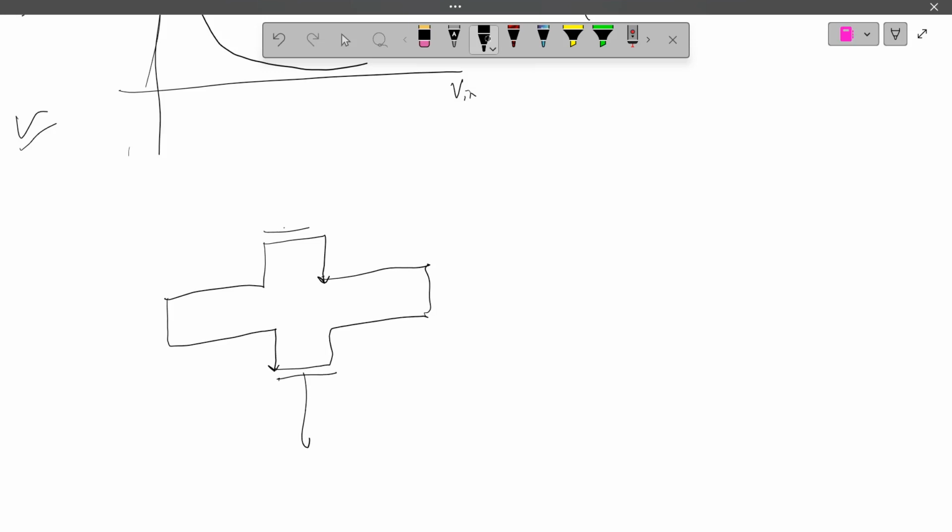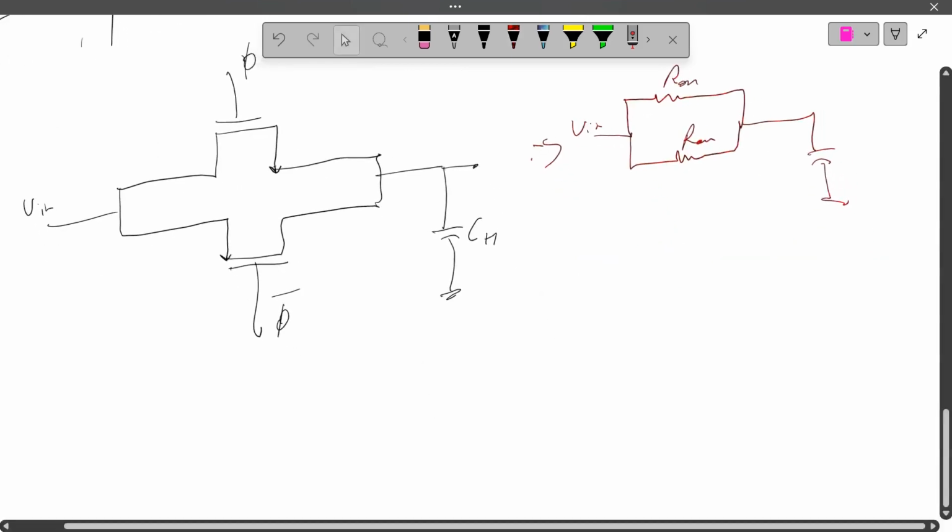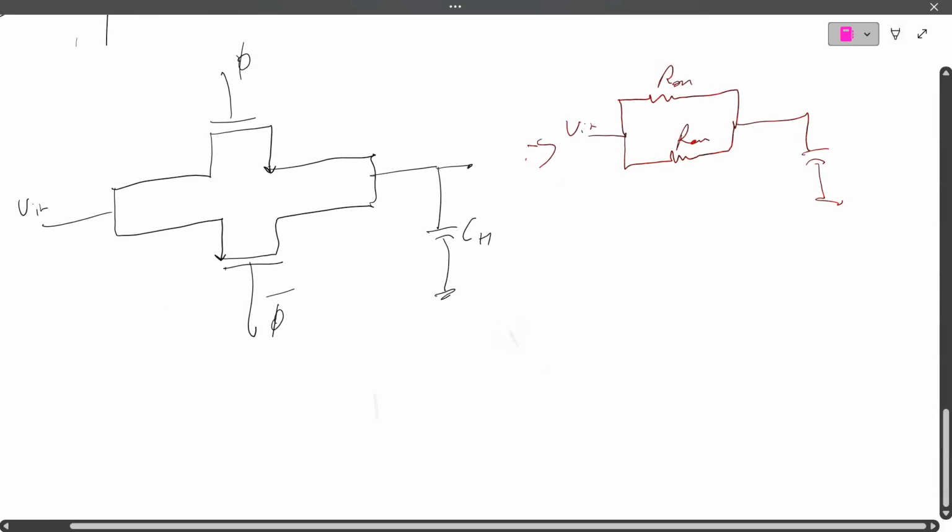If I apply V input here and add the capacitance here, CH, what circuit will come from this? It will look like this, this kind of circuit we will get if you just consider Ron. So what kind of graph will we get from here? I'm going to draw.